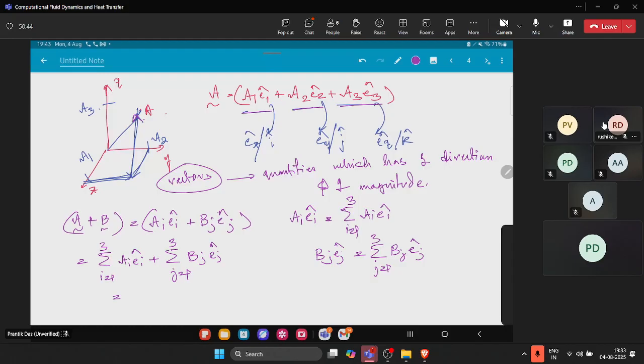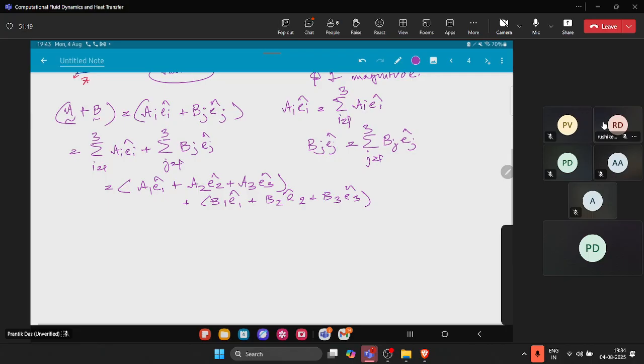Okay. So this will be equal to A1 E1 cap plus A2 E2 cap plus A3 E3 cap plus B1 E1 cap plus B2 E2 cap plus B3 E3 cap.